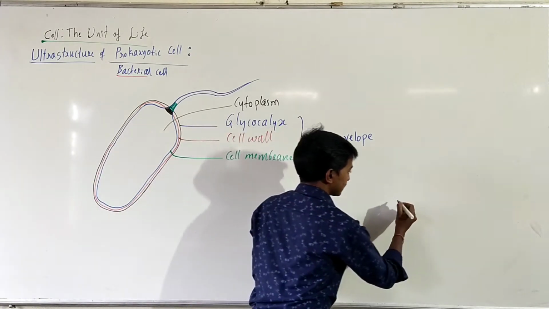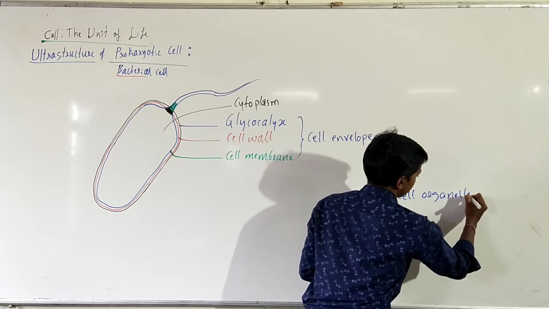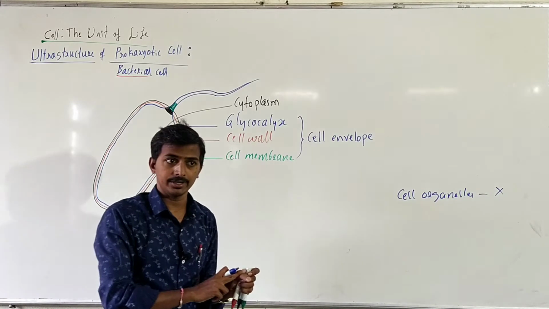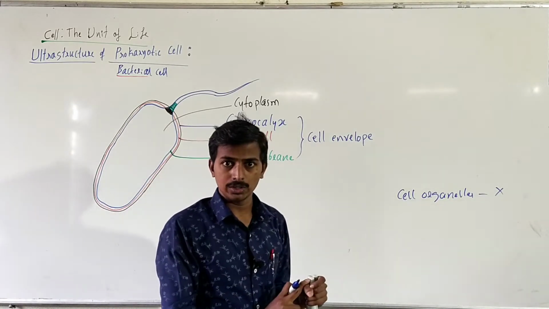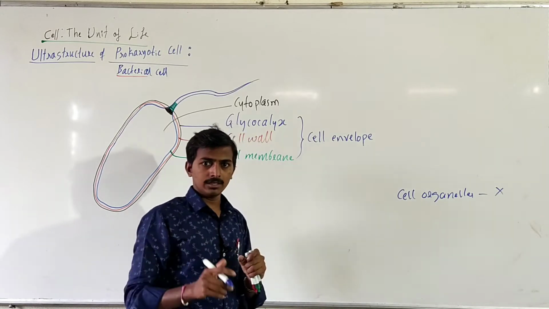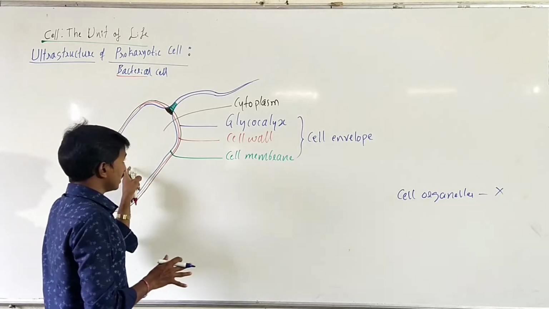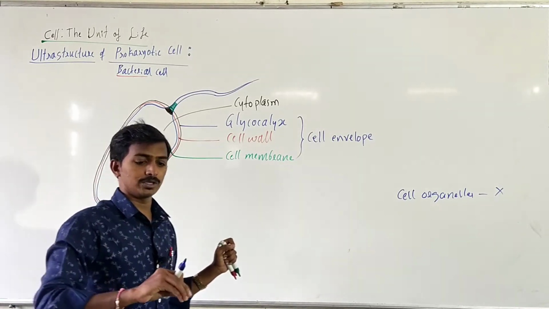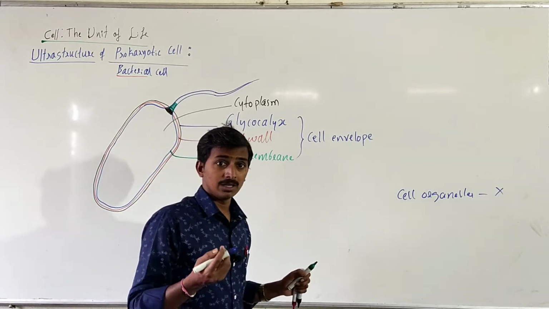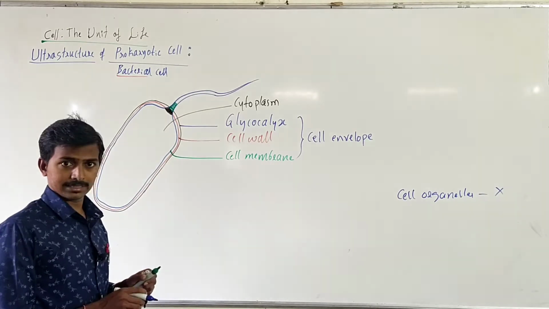Remember, cell organelles like mitochondria, chloroplast, Golgi complex, endoplasmic reticulum are absent in prokaryotic cells. We can just say they are cell inclusions, some chemicals and non-membrane bound structures present in the prokaryotic cell.